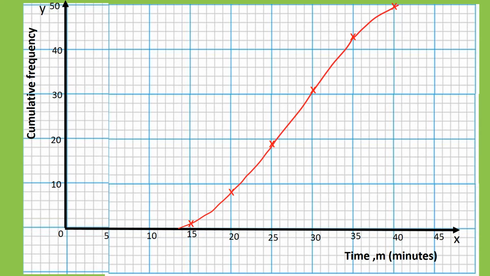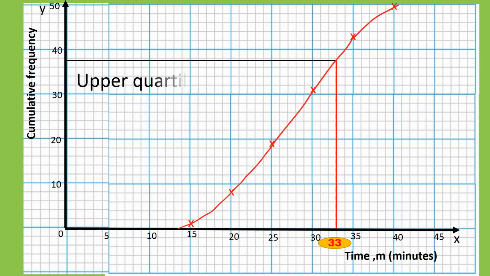Then in our graph, we identify 37.5 on the y-axis, then draw a horizontal line until it touches the curve, then drop downwards and read that value on the x-axis, which is 33, and then declare that the upper quartile is 33 minutes.